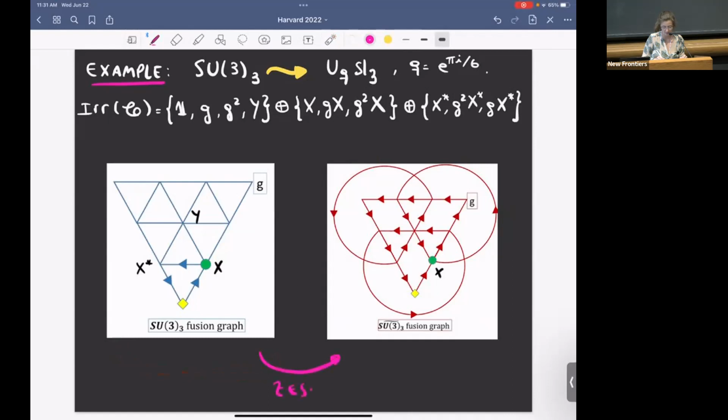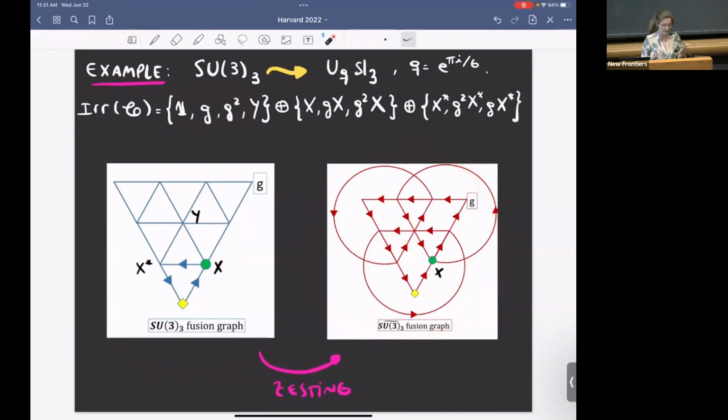So we got this using Zesting. It's a very small change that we were doing. We were just multiplying or changing these matrices via these invertible objects or abelian anyons, but we get a very different fusion ring.